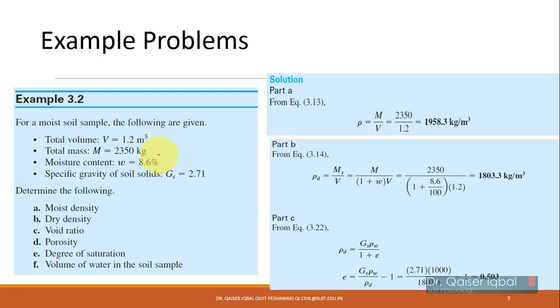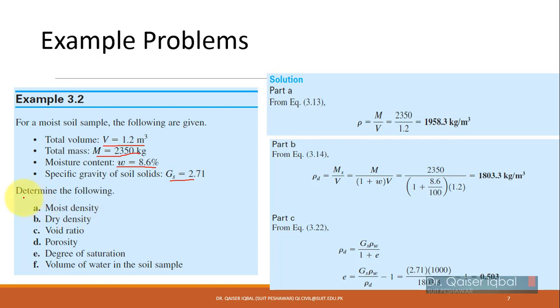The moisture content they have determined in the laboratory is 8.6%, and the specific gravity they have also determined in the laboratory is 2.71. You can determine this using a pycnometer, and the moisture content is easily determined using an oven. The mass can be determined simply by weighing the soil, and the volume of soil is usually determined by measuring the dimensions and calculating the volume.